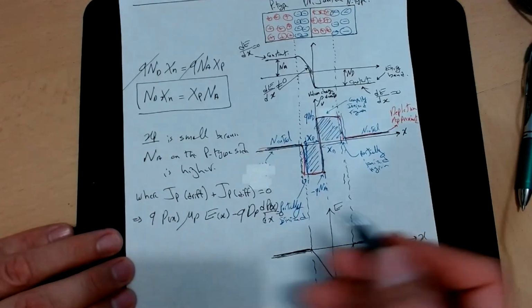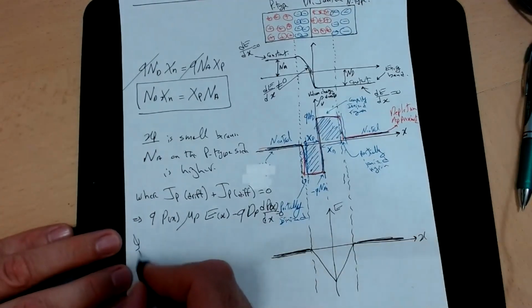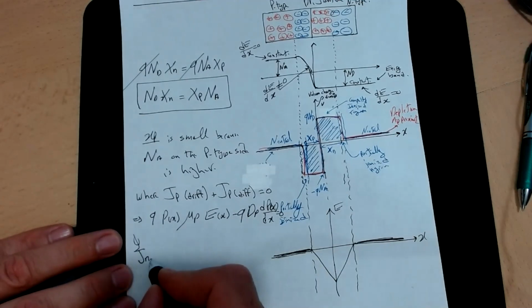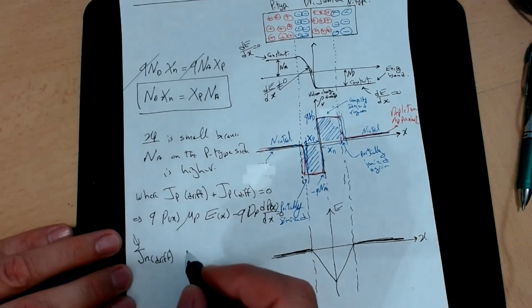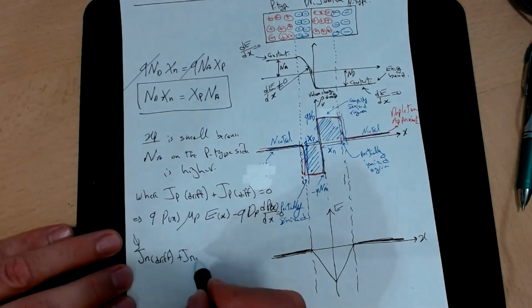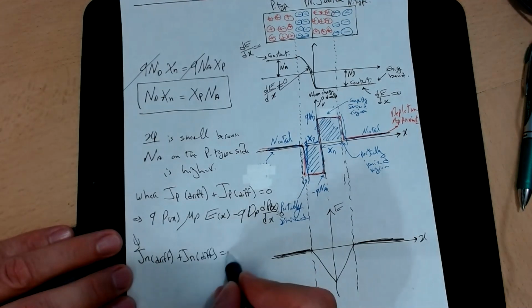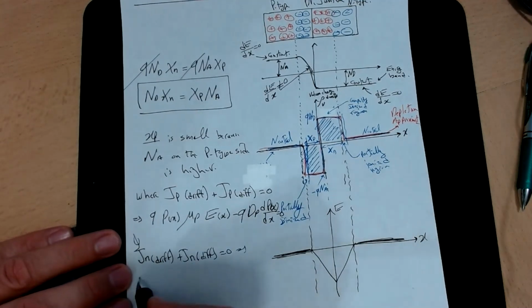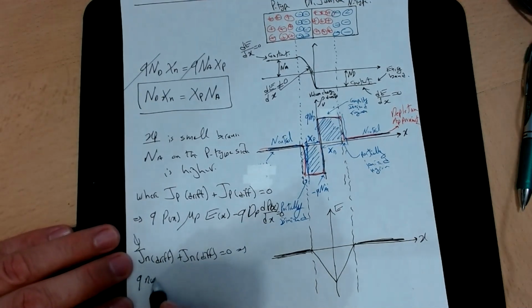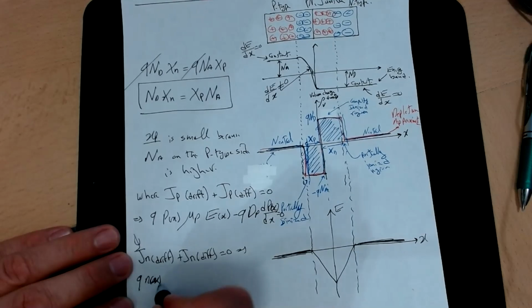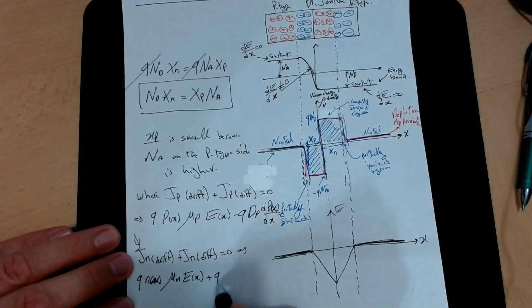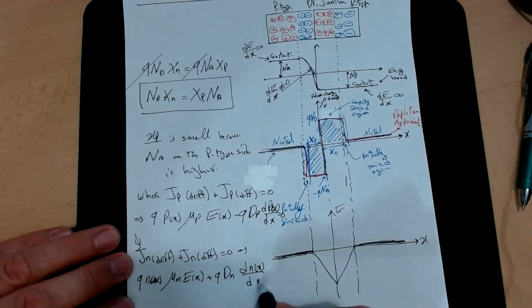And on the n-type or n-side, the drift plus diffusion current density is also equal to 0. That means q n(x) mu n E(x) plus q Dn dn(x)/dx is equal to 0.